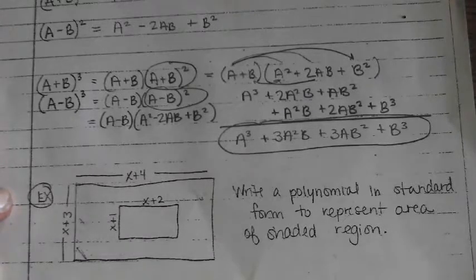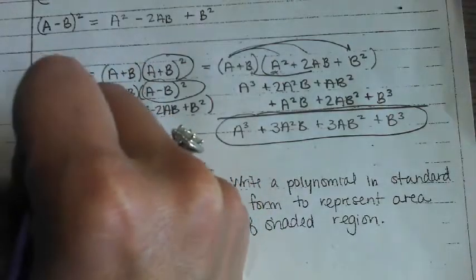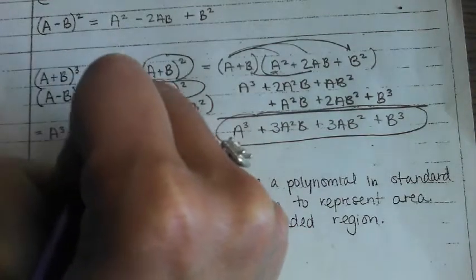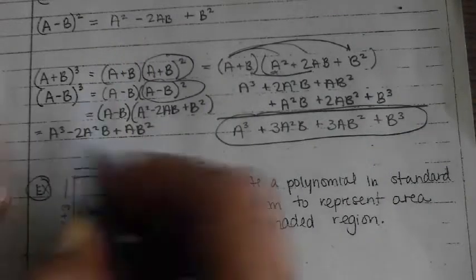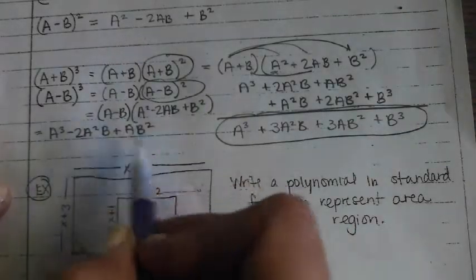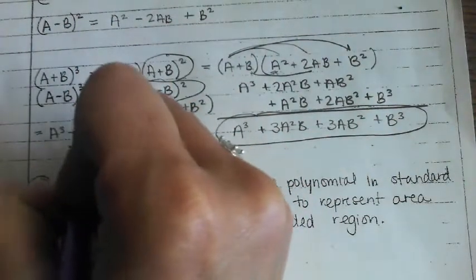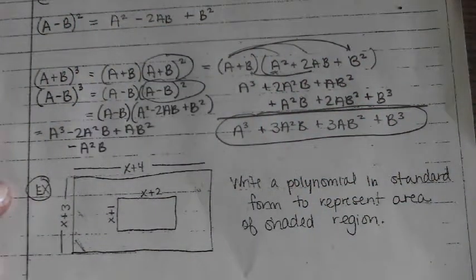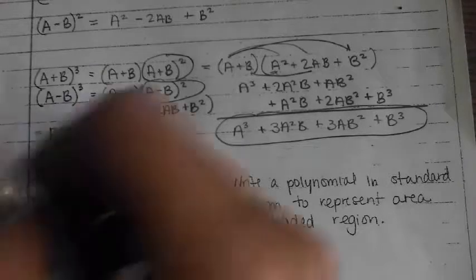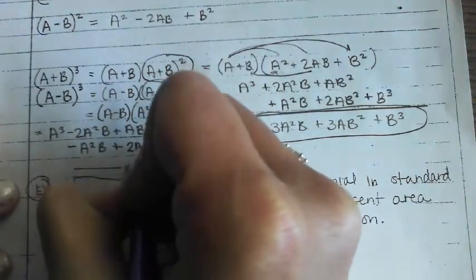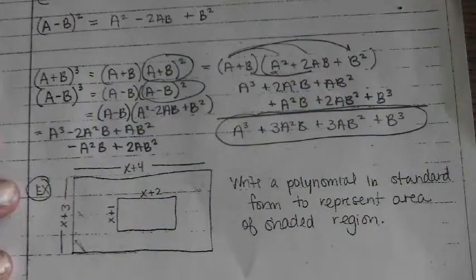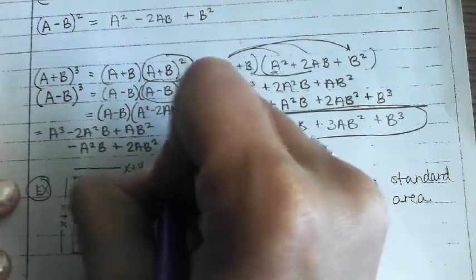And then distribute your a. And distribute your negative b, which will be minus ba squared, which I'm just going to write the a squared first, so it kind of matches. Then we have a plus 2ab squared, and then a minus b cubed.